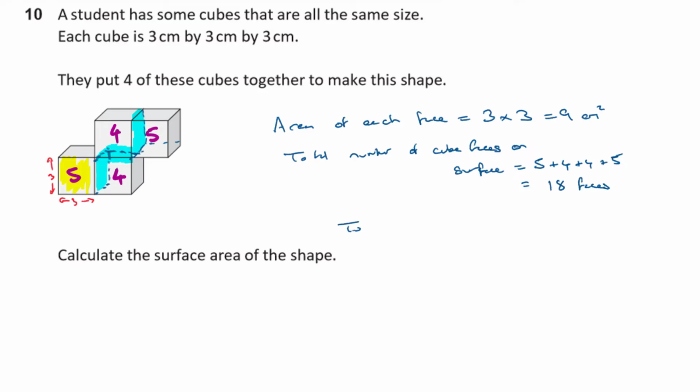So then the total surface area is going to be those 18 faces times 9 centimeters squared of each of the faces. What's 18 times 9? It comes to 162. So that's 162 centimeters squared.